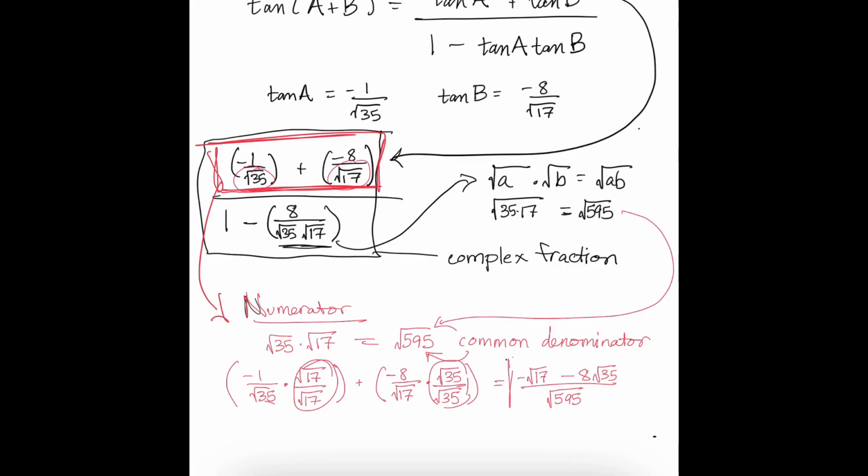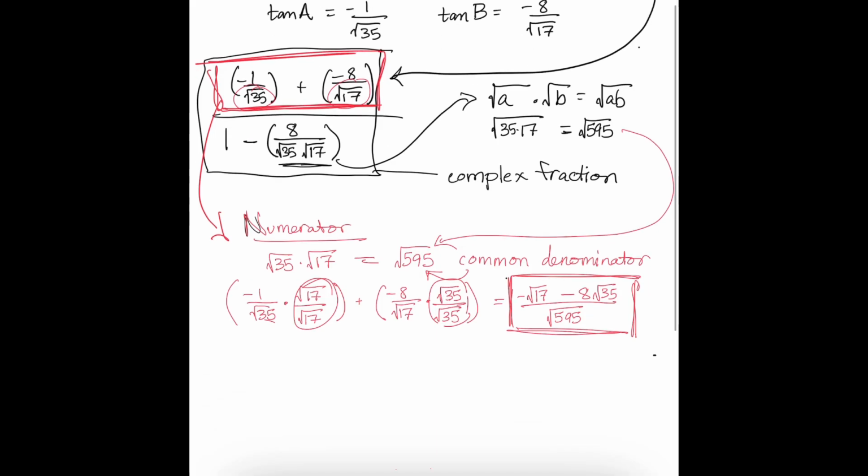Okay, so this right here is our simplified numerator. And now, in a different color, let's take a look at the denominator. So separately, we'll take this piece and we'll do the denominator.